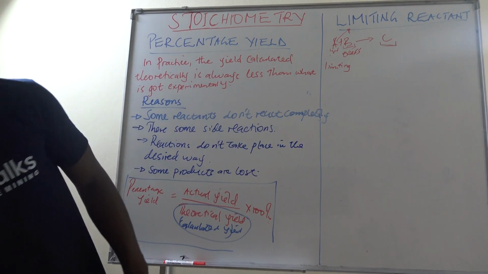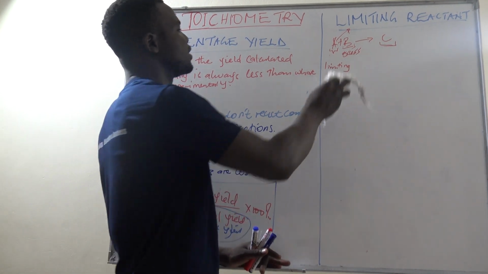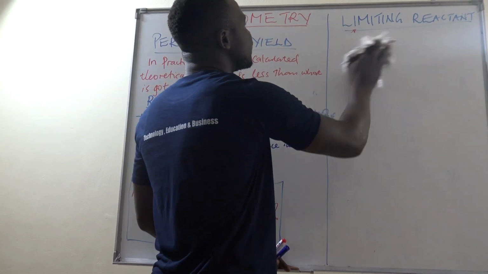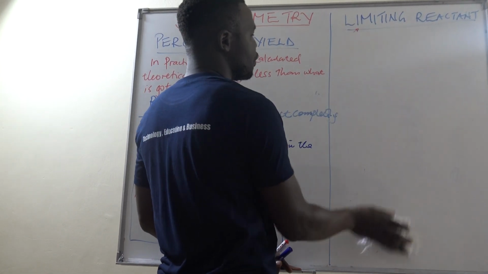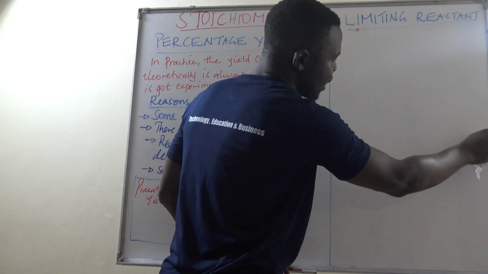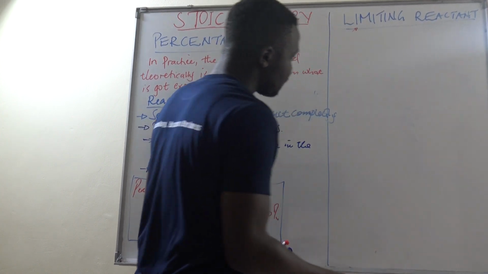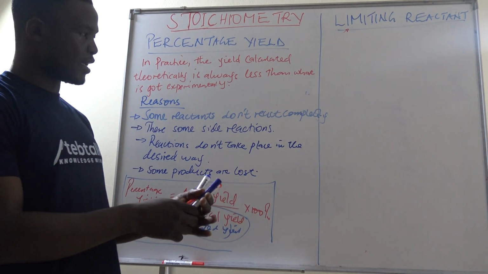The reason we can't use B is that B is not reacting completely. So if we base on B, we shall have missed a point. So that is what happens under here.